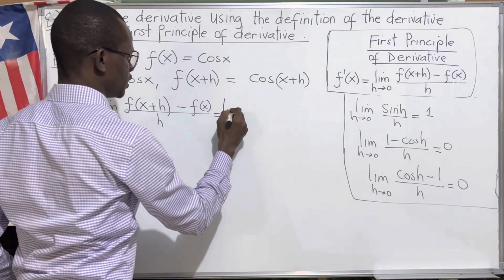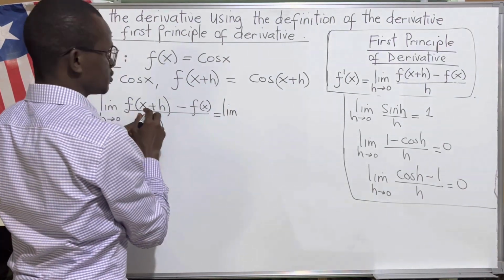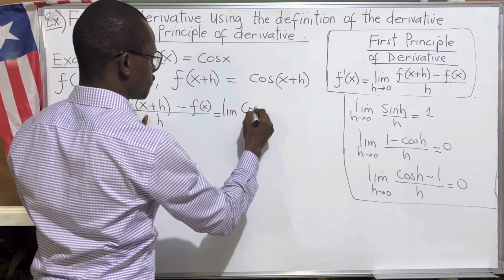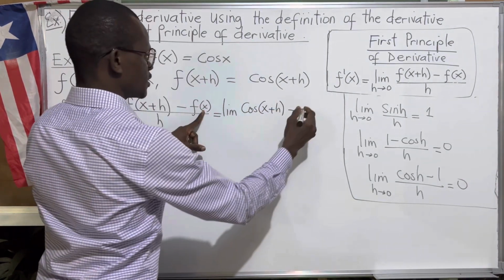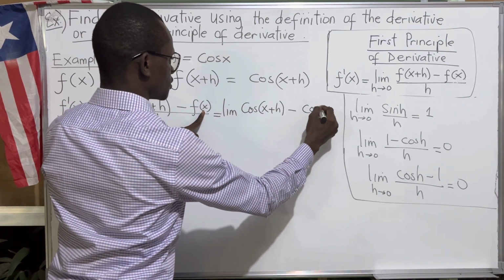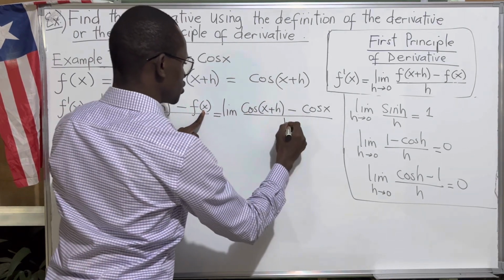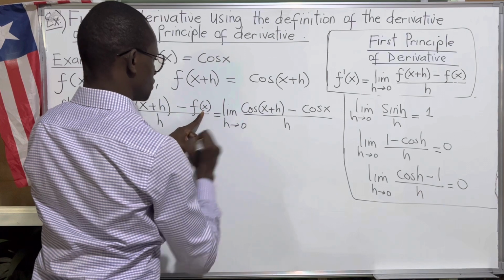So this now is equal to the limit, where f of x plus h is just cos of x plus h, minus f of x, which is just cos of x, divided by h as h approaches 0.